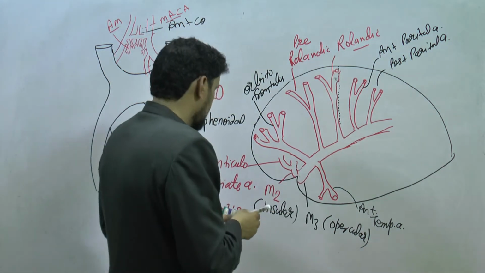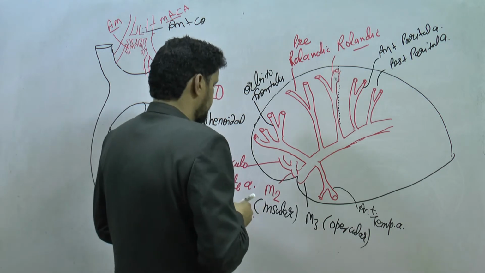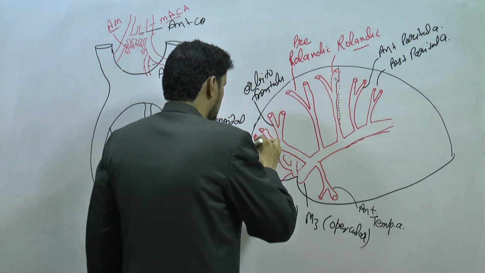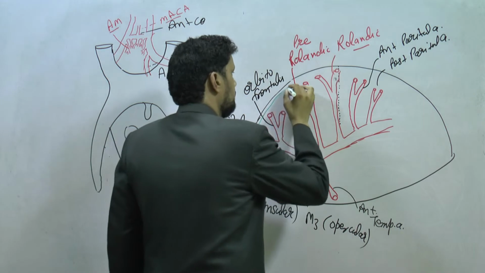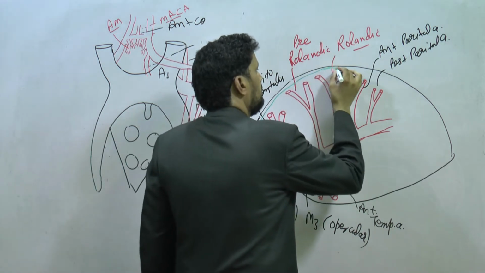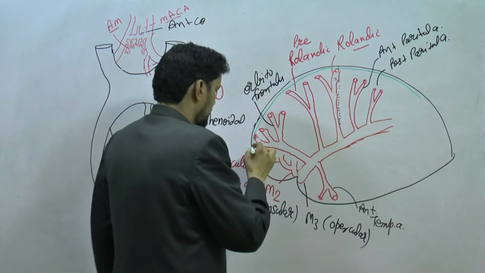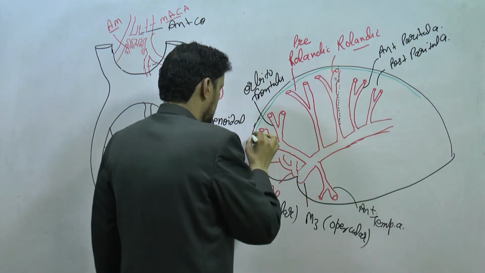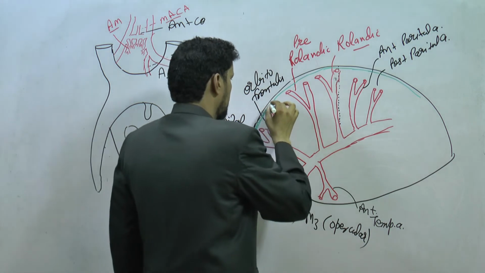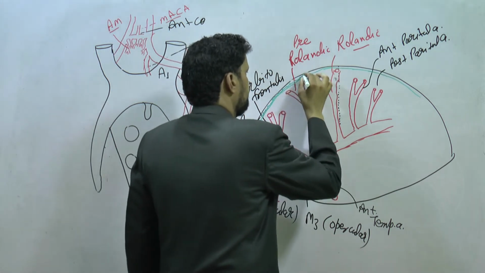But remember, a strip in this part is receiving blood from the branches of the anterior cerebral artery, that are the callosomarginal and pericallosal arteries.